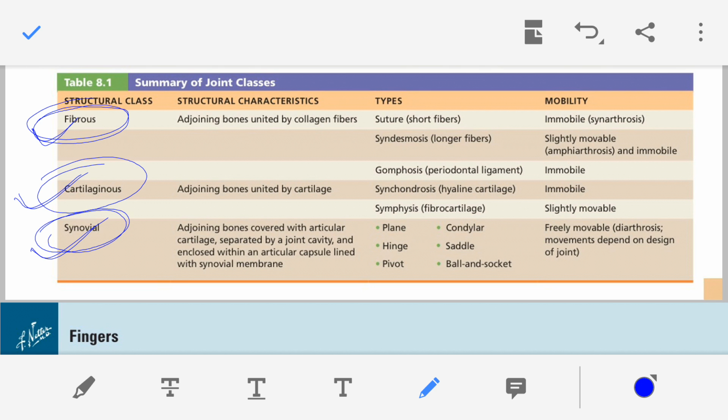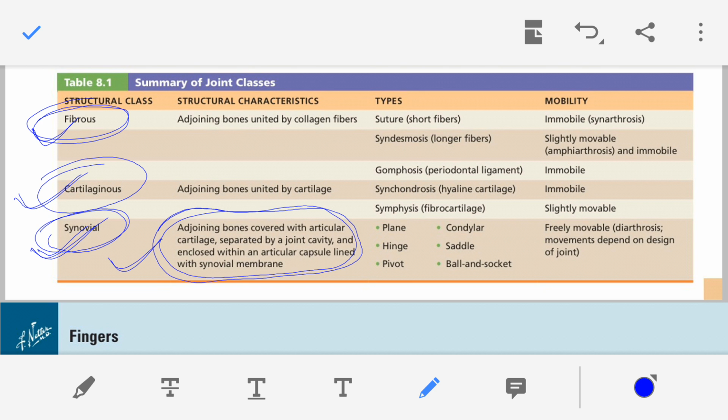there are two things. First, in this lecture, today we are going to discuss the structure of the synovial joint, which are the components of the synovial joint, what the synovial joint is and what it is made up of, and where in our body the synovial joints are present.